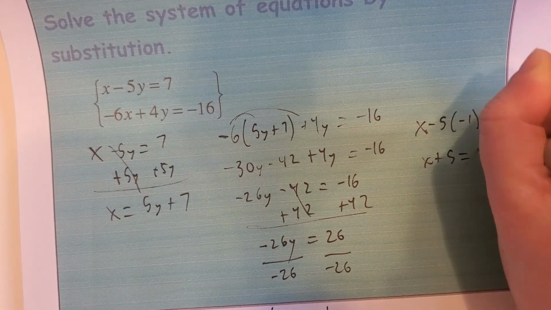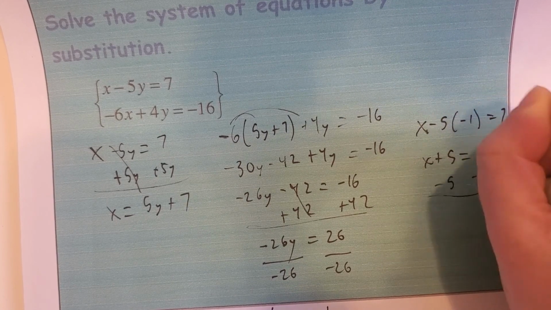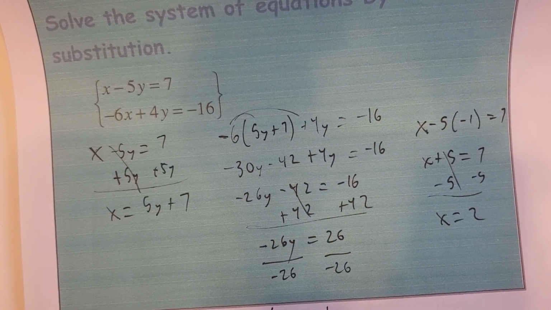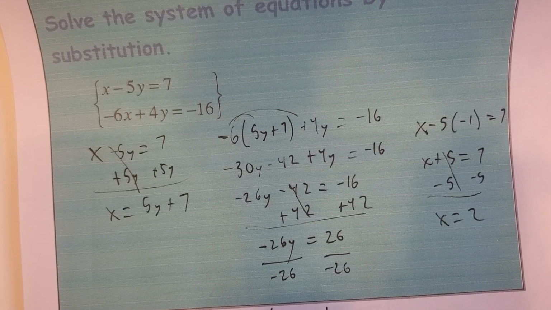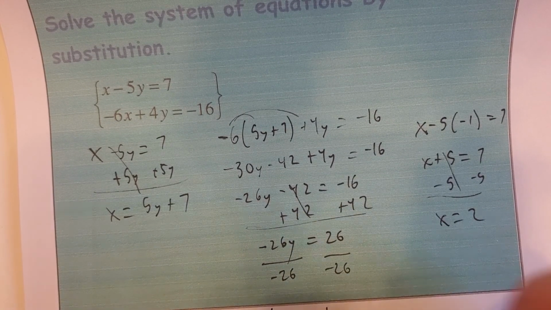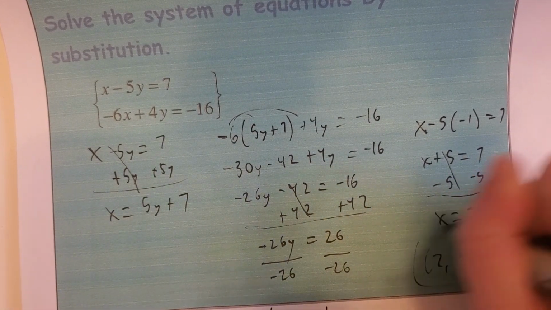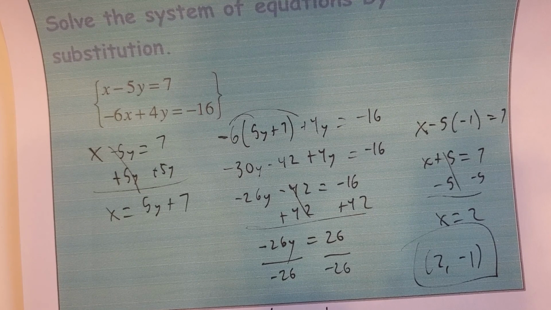X plus 5, and then subtract 5 from both sides, so x is 2. Because technically this goes all the way back to graphing the intersection of lines, they do intersect at a point. So I will be looking for you to write your final answers as an ordered pair, x comma y. So (2, negative 1). And that's that whole problem.